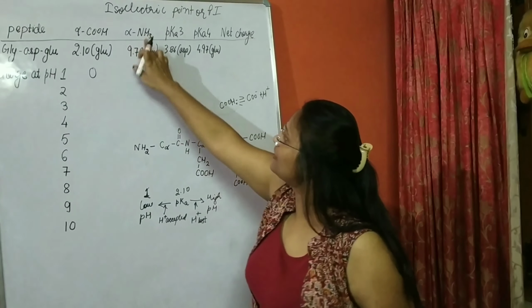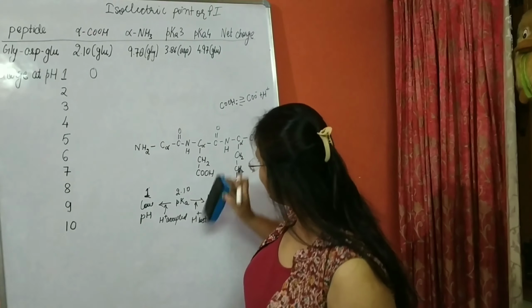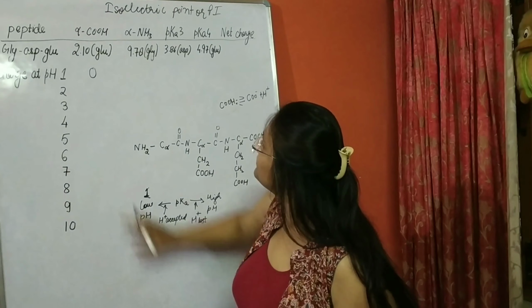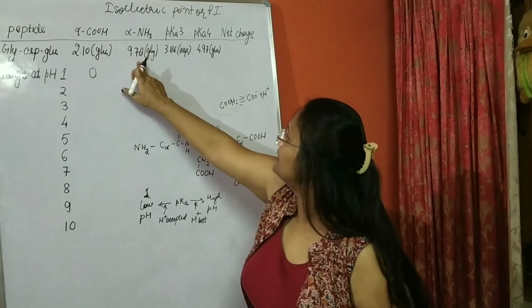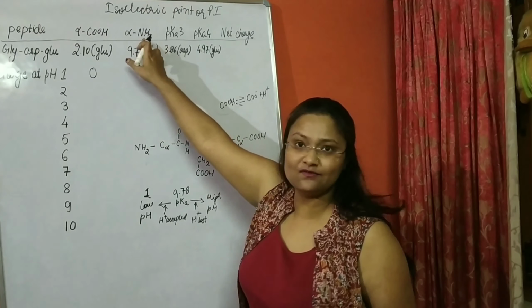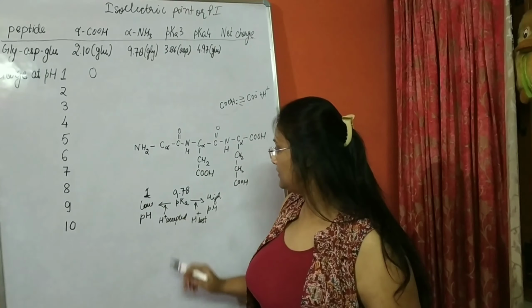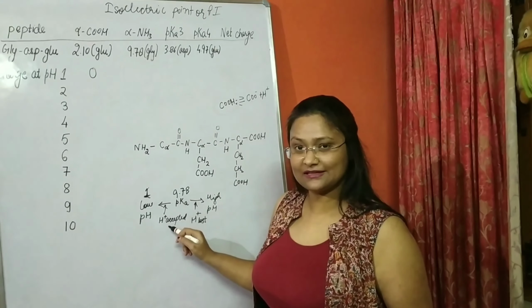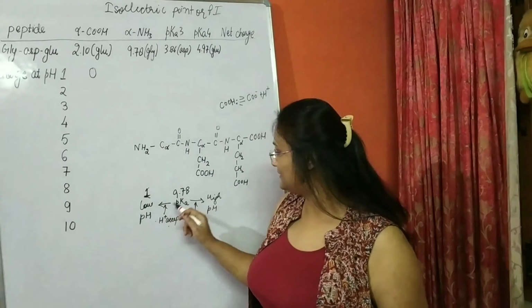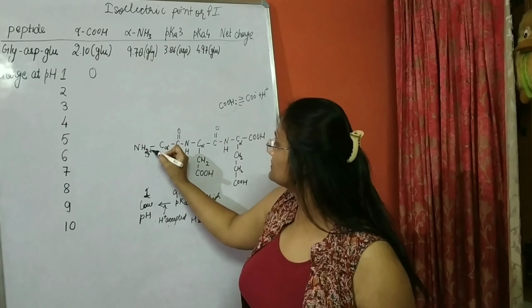Now we will consider alpha NH3. Now the pKa, I have written the pKas over here, 2.10. Now we will consider 9.78, because we are looking at alpha NH3. So at pH 1, again the H plus will be accepted because the pH is lower than the pKa. So when it accepts it, it will be plus 1.